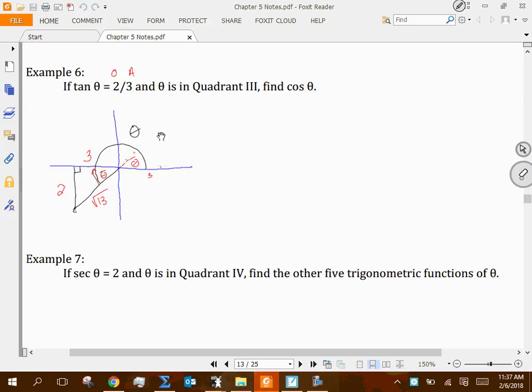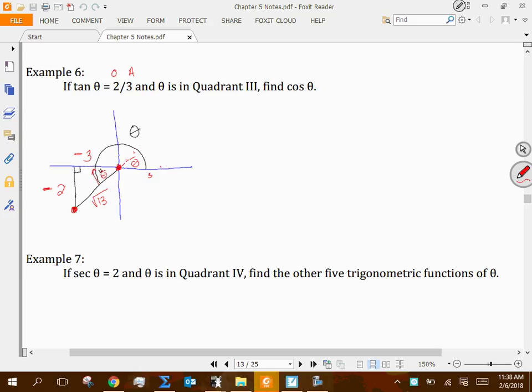I'm not saying that you can't, but I just deal with this triangle down here because it's going to give me the same information. But when I look at this triangle here, and I want to talk about this 3 and that 2, if I started at 0, 0, and try to get to this point right there, I have to travel 3 units to the left, so that should actually be a negative 3. And then I have to travel 2 units down, so that should be a negative 2.